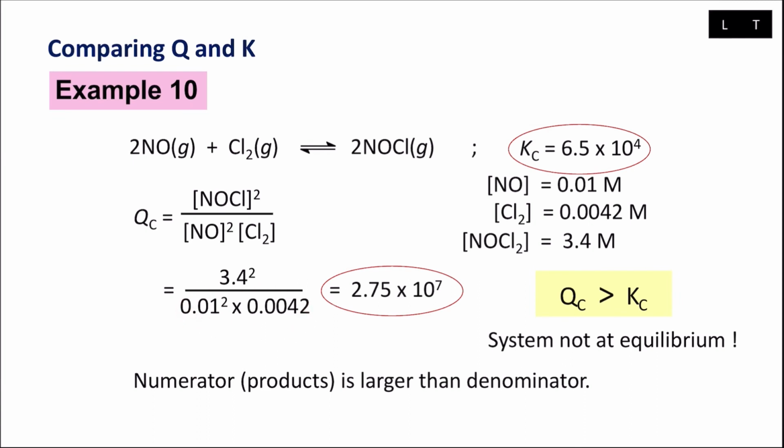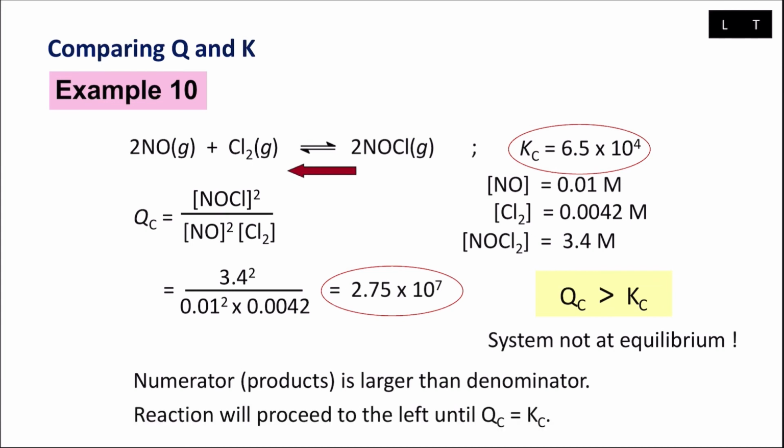So, reaction apabila Q greater than K, so kita boleh juga conclude sekarang, reaction will proceed from right to left until value QC sama dengan KC. So ingat mana satu condition yang kita kena guna. Dalam kes ini condition Q lebih besar daripada K sebab tu produk lagi banyak.